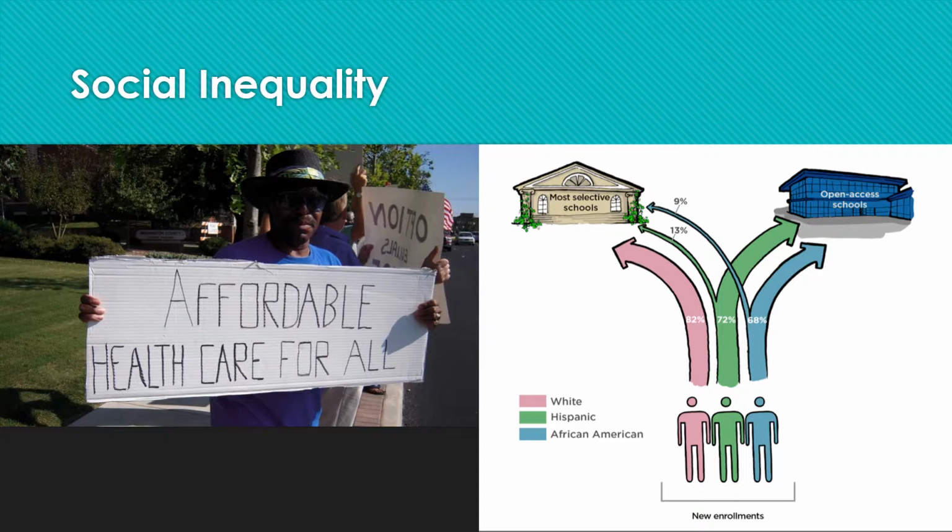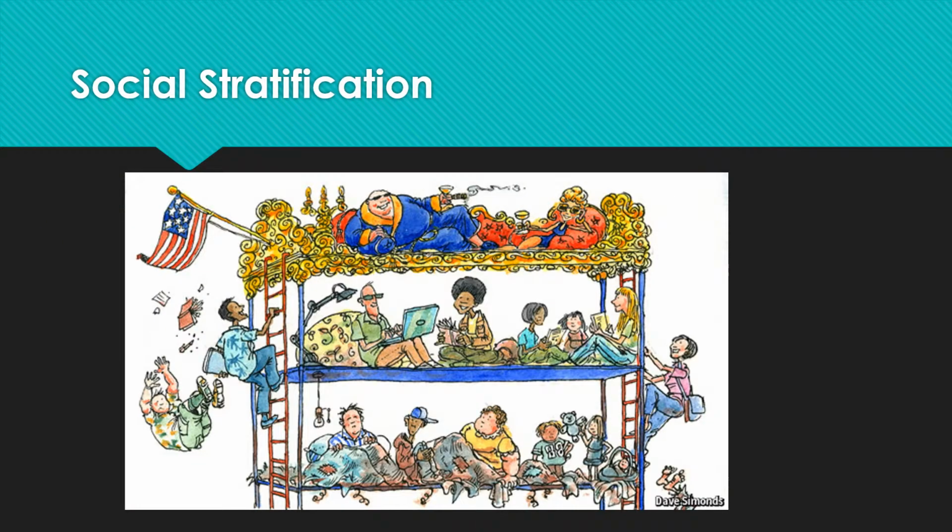And on the right, race is depicted as the access that is available for certain schools. So different races are available to go to most selective schools rather than open access schools, which are less restrictive. So it's really important that we look at social inequality, and it leads us to social stratification.